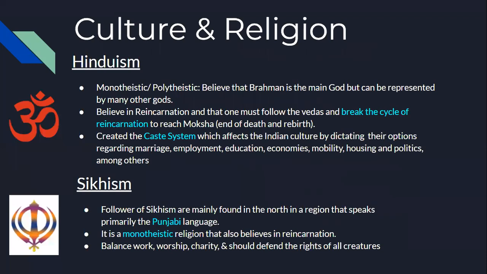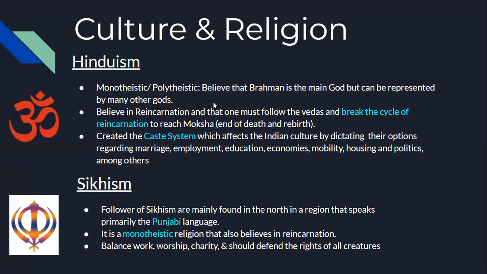All right, so now we're going to move on to culture and religion, and we're going to talk about Hinduism and Sikhism specifically. Starting with Hinduism. Hinduism can actually be described as monotheistic and polytheistic. Now, you might say, how can that be? How can they believe in one God and many gods at the same time?